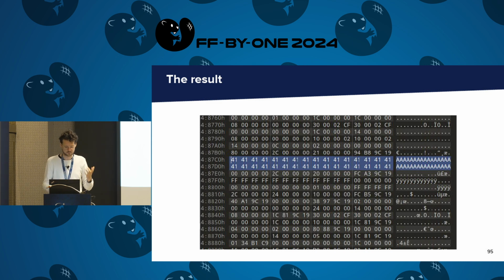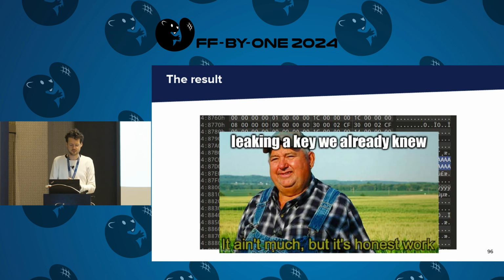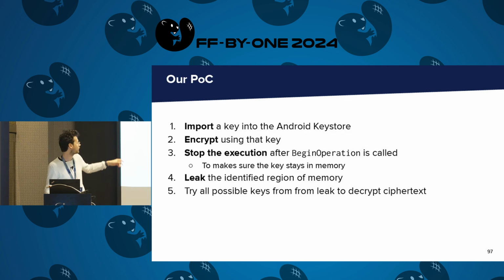But again, we are leaking a key we already knew. So we could do better than this, but again, this is really just for practicality. The thing is that you see around, there's a bunch of almost random things.